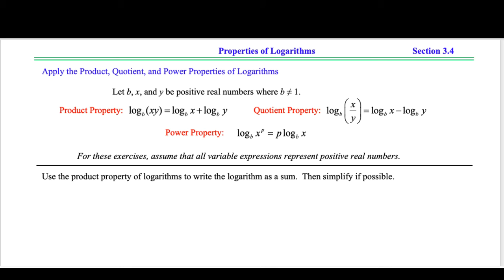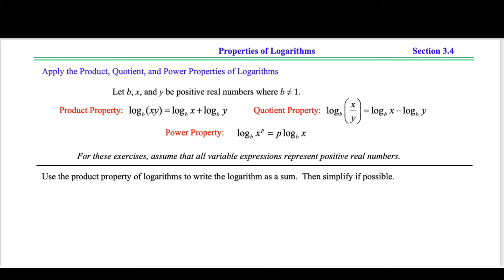The quotient property states that if you have the logarithm of a quotient, such as the logarithm of x divided by y, we can write this as the logarithm of x minus the logarithm of y.